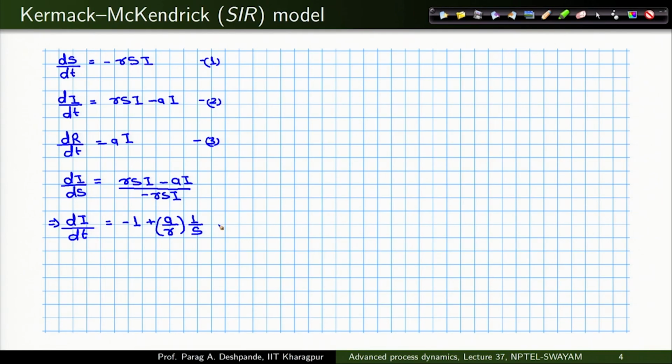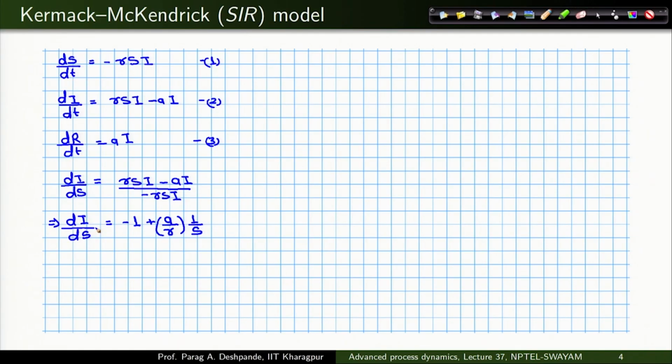Fine. So, what do I get from here? So, there is one correction, it should be dI by dS. So, dI by dS. So, what does this equation tell me?